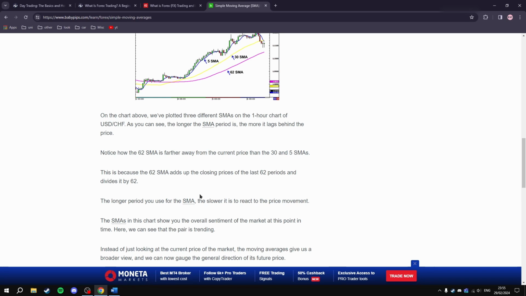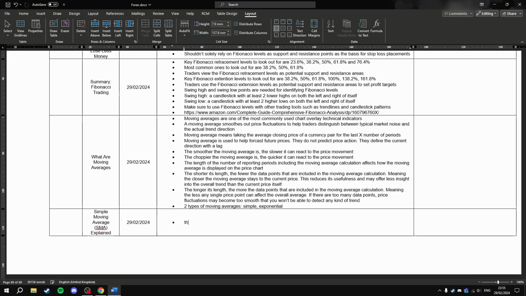The longer period you use for the simple moving average, the slower it is to react to the price movement.